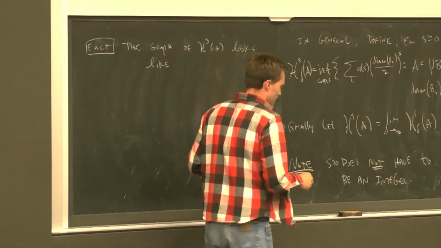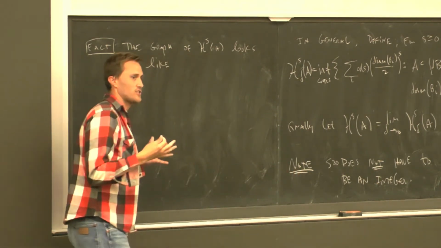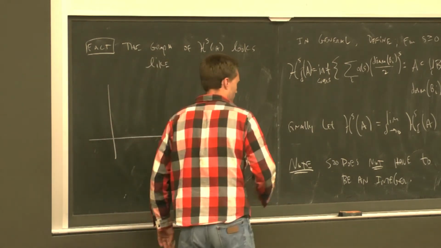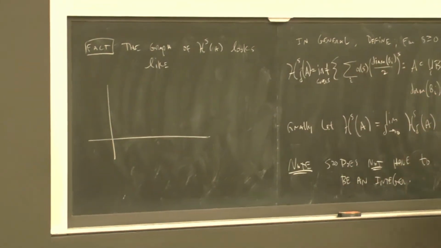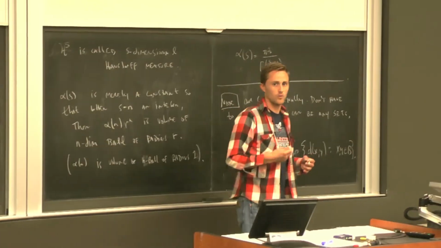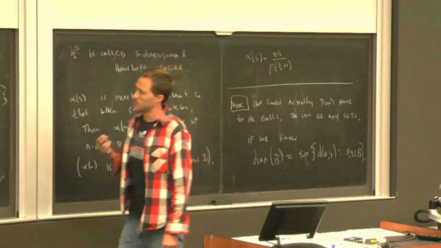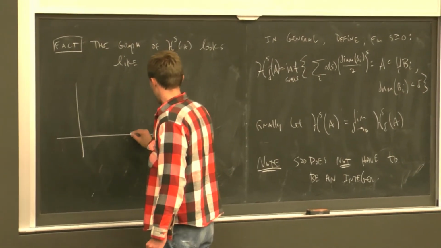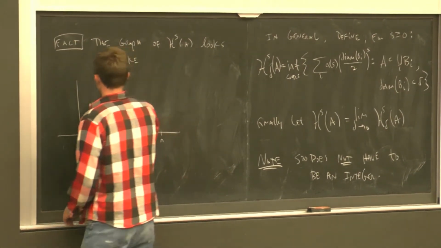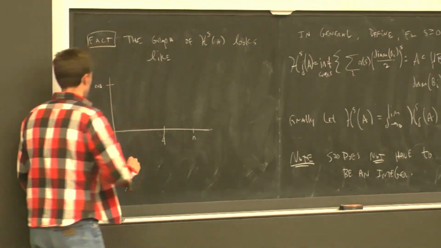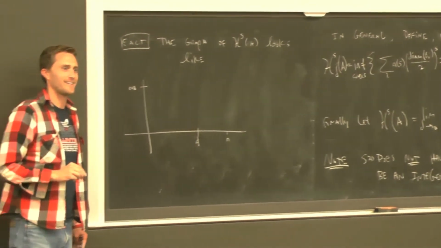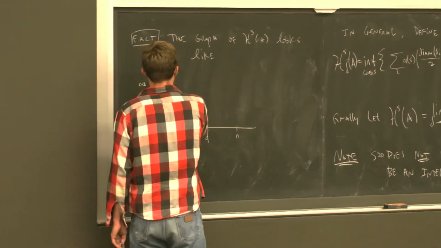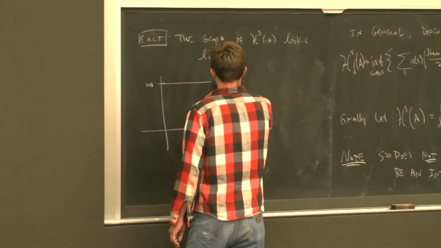Now we want to ask ourselves, how does H^s of A change as s changes? Hopefully you got the idea that H^2 should be something like area and H^1 should be length. So here's my n, and here's what I'll call d. And if nobody complains, I'm going to put infinity on that number line. So the graph of the Hausdorff measure of a set will always look like this.